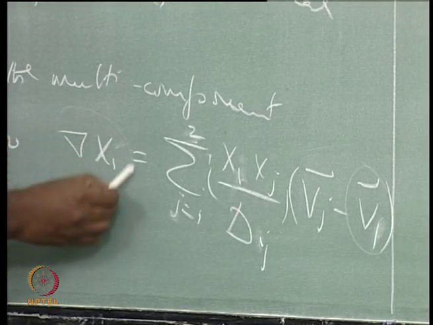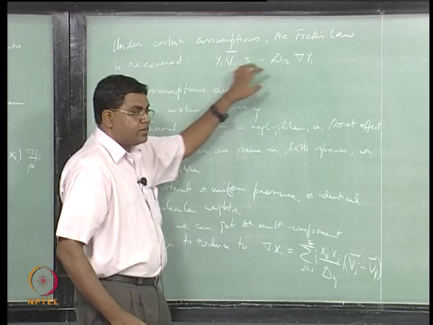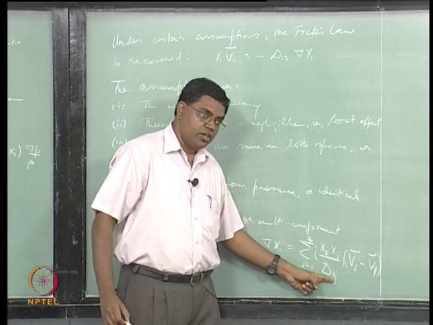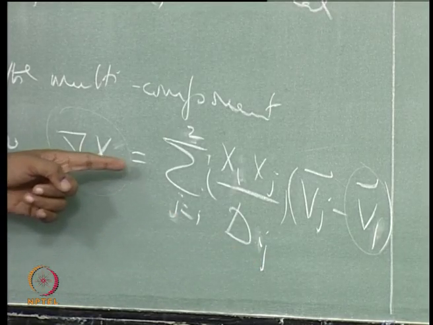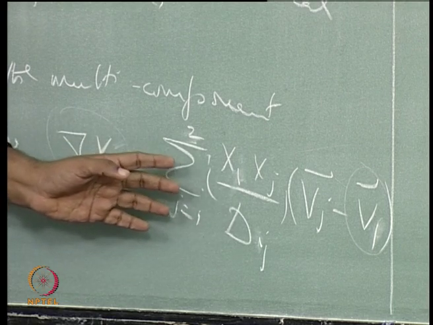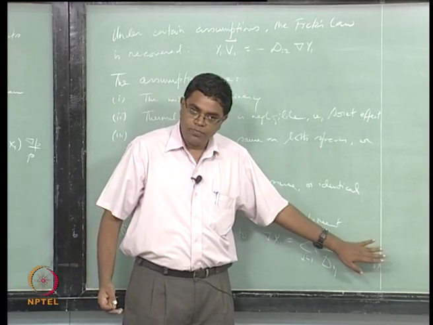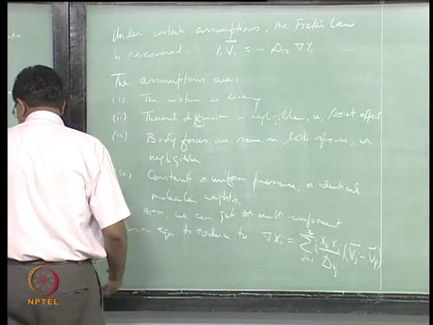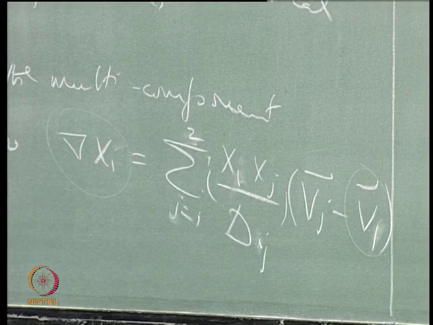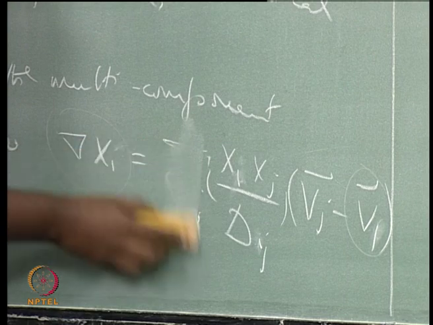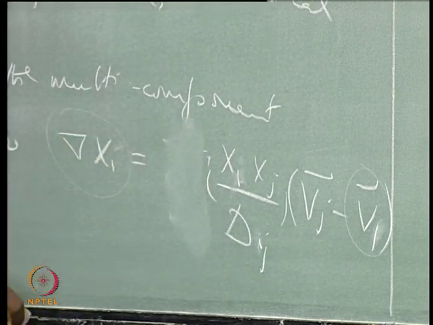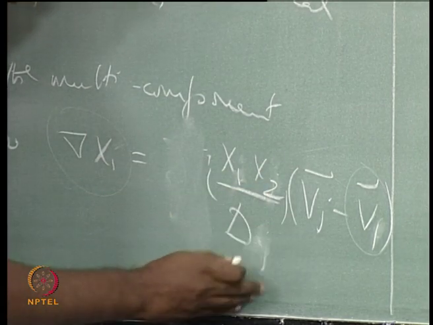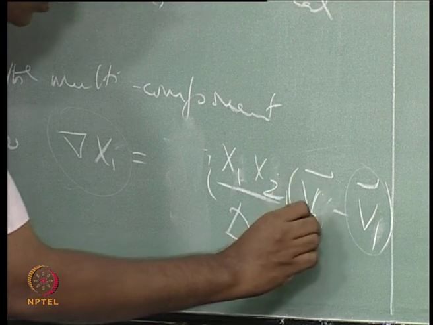Don't have to worry too much about D1j, because j goes from 1 to 2 and j is unequal to 1, so this is just going to be only one term. So we don't have to worry about a summation. j is going to take only a value of 2, and therefore you can get rid of this and put j as 2. You can now have x2, D12 and v2.